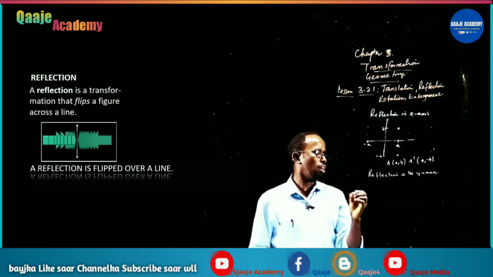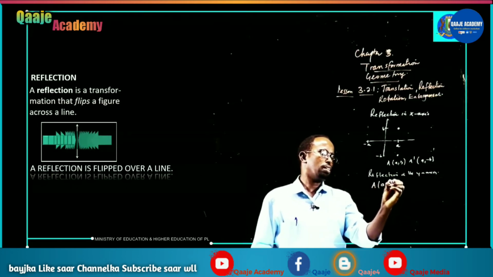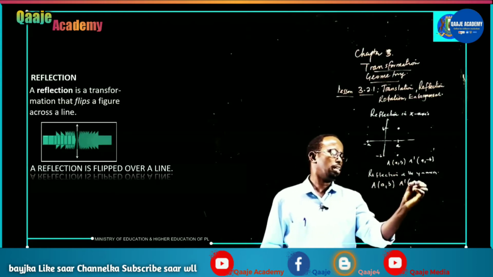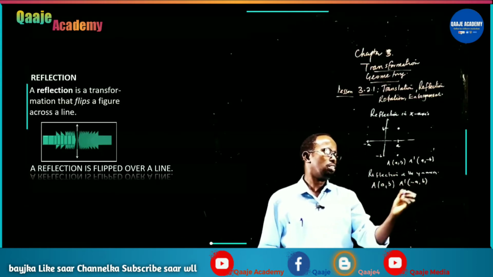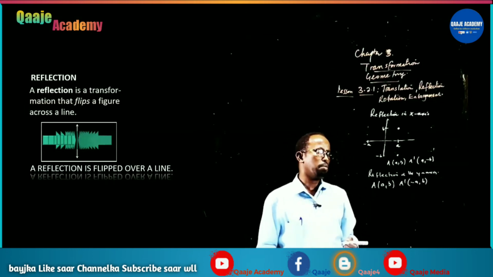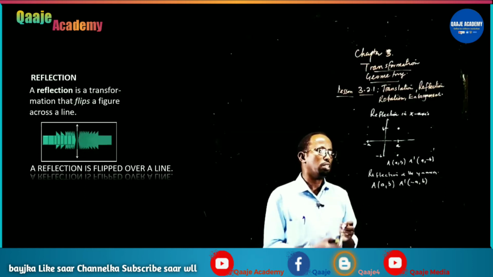So the formula for reflection in the y-axis: if you have the object AB, then the image will be minus A, B. X changes the sign, then B remains the same. So that is what reflection in the y-axis means.